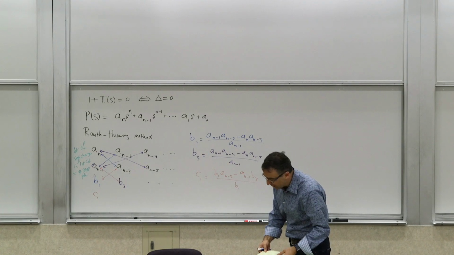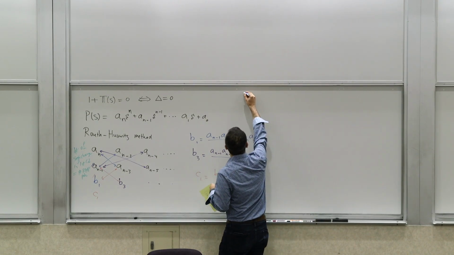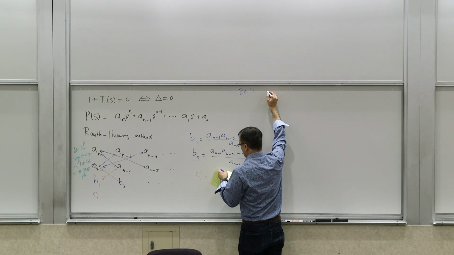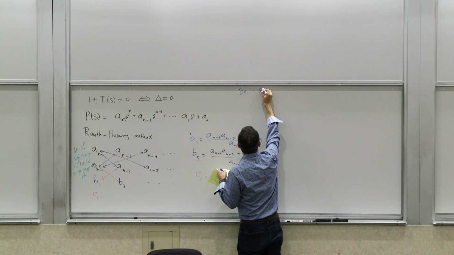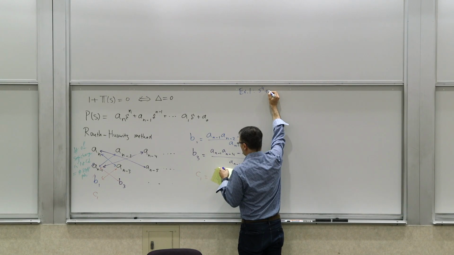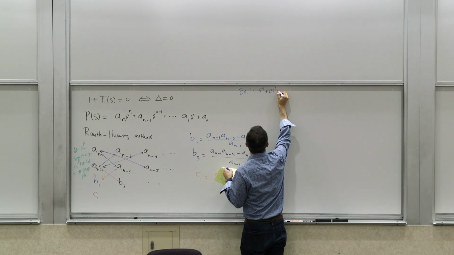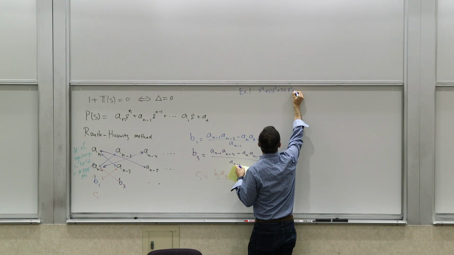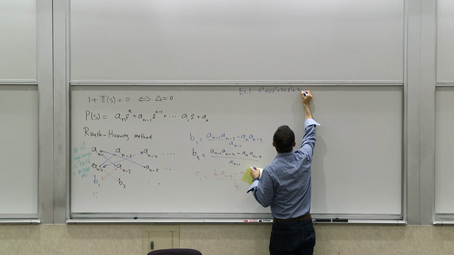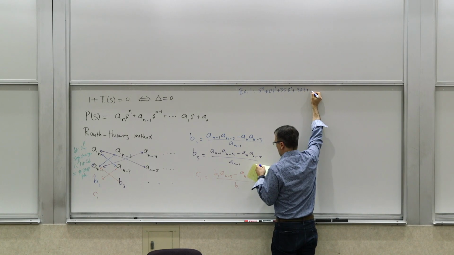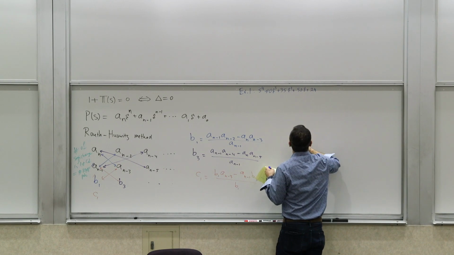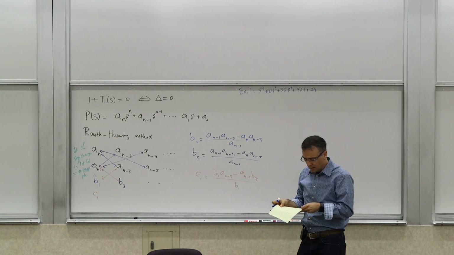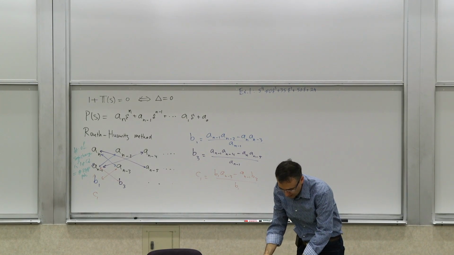Example number 1 is the polynomial s to the 4 plus 10s cubed plus 35s squared plus 50s plus 24. So how do we do it? We write these numbers in that order.